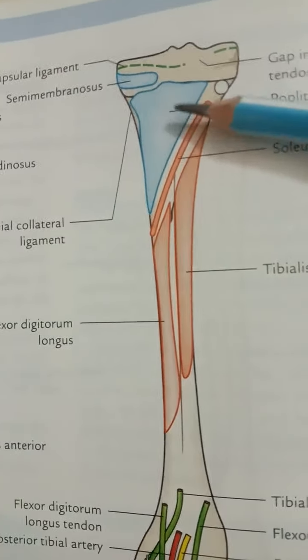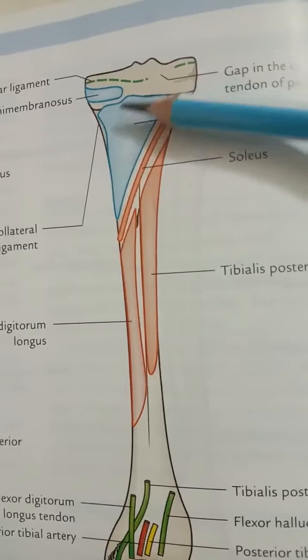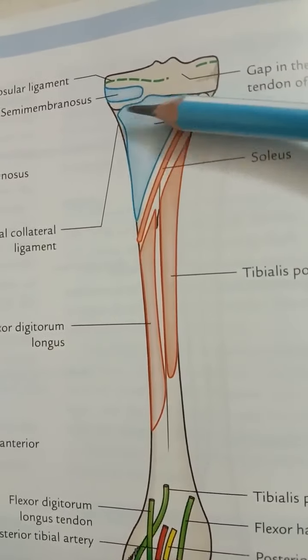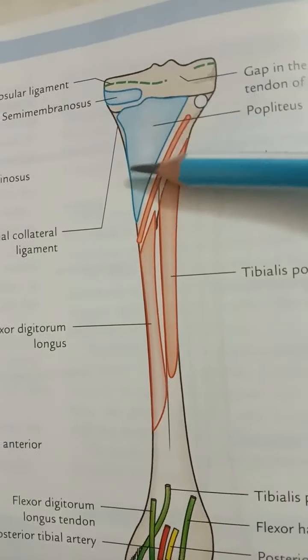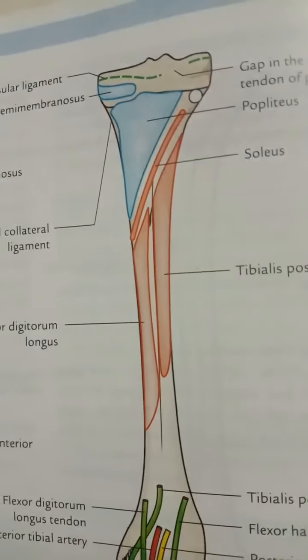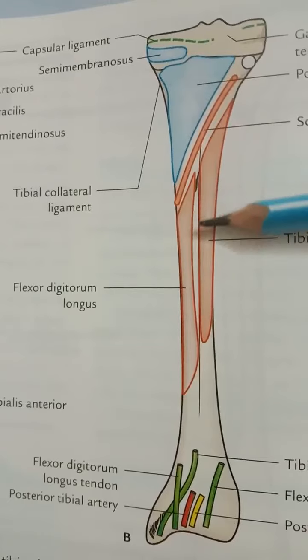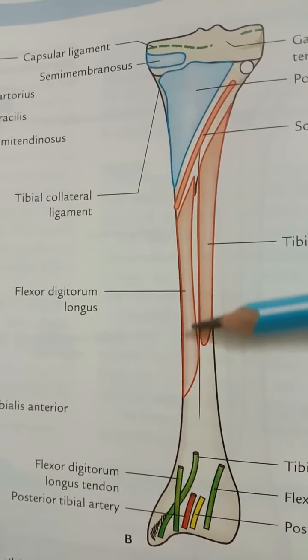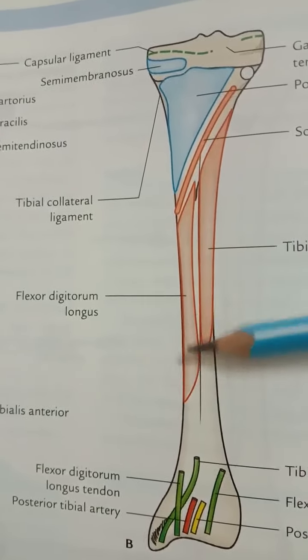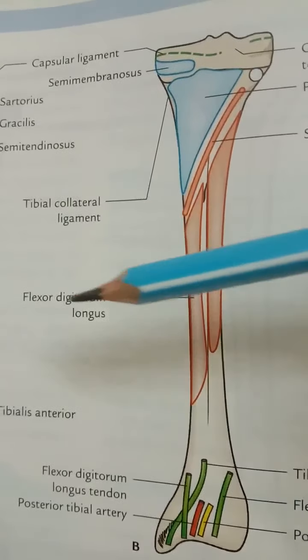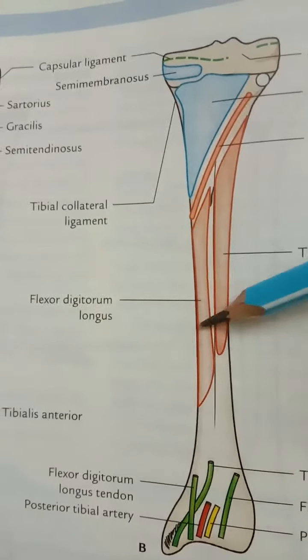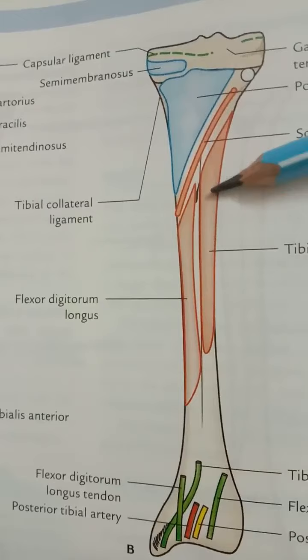Then the popliteus is inserted to the posterior surface, into the triangular area above the soleal line. Then the medial area on the posterior side of the shaft of the tibia gives origin to the flexor digitorum longus, so this one.